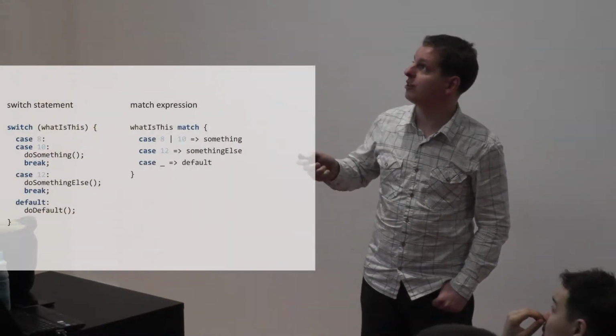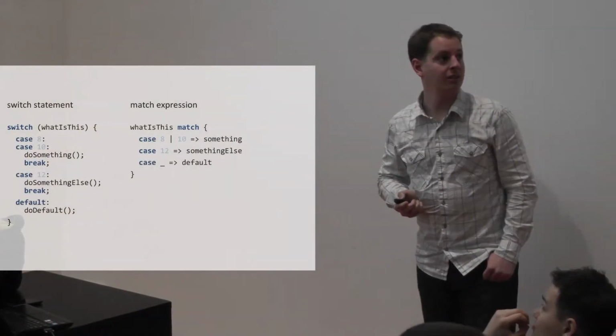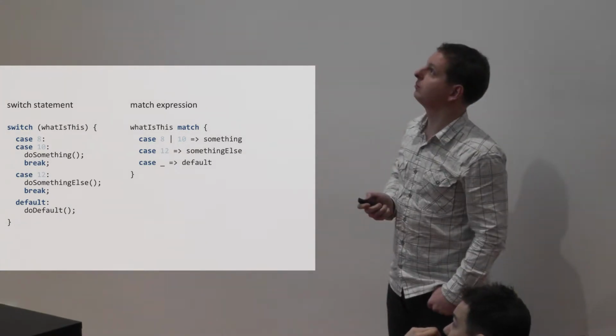While a match expression is an expression. It returns a value, the value of the matched branch. The first branch which is matched gives the return value. So that means there is no need for the break keyword. So it makes your code a bit shorter. It's nice.